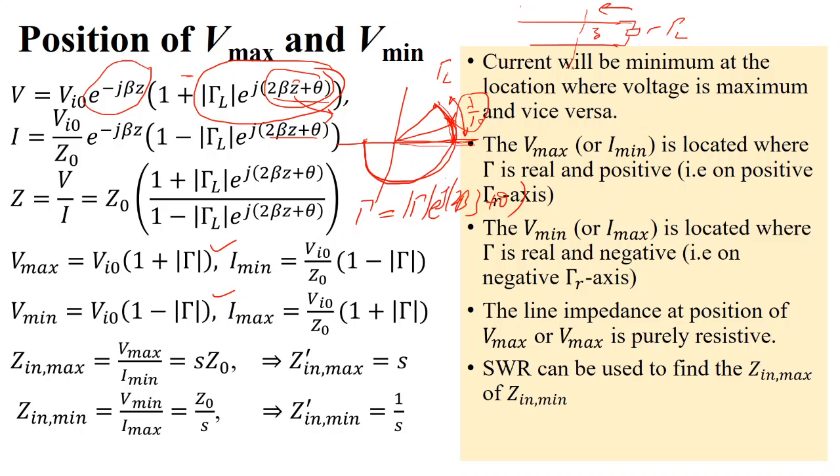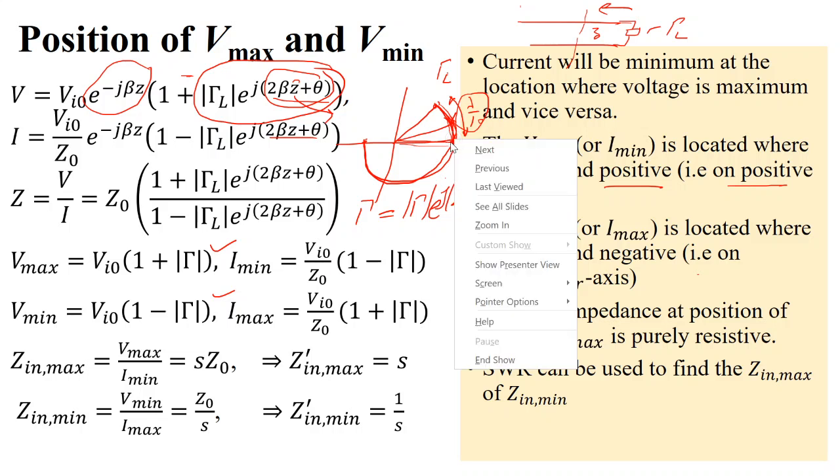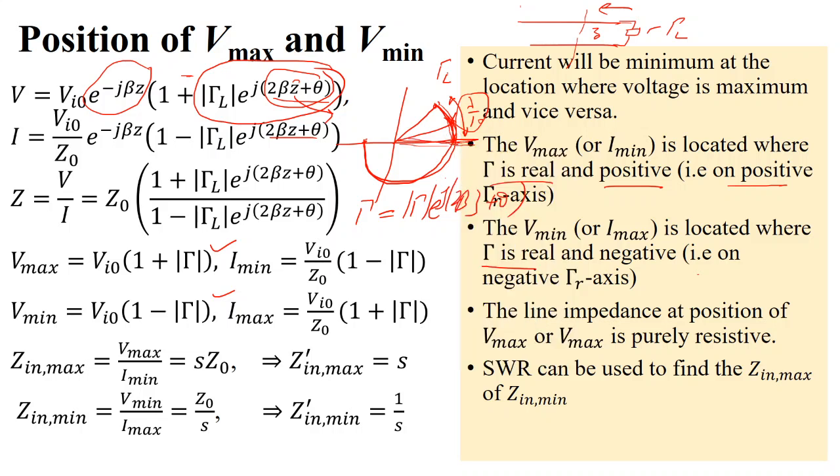What it means is that Vmax or Imin is located where the gamma is real and positive, on the positive gamma axis. Similarly, Vmin or Imax is located where the gamma is real and negative, on the negative gamma axis. Where you have the voltage maximum, the current will be minimum at this location.